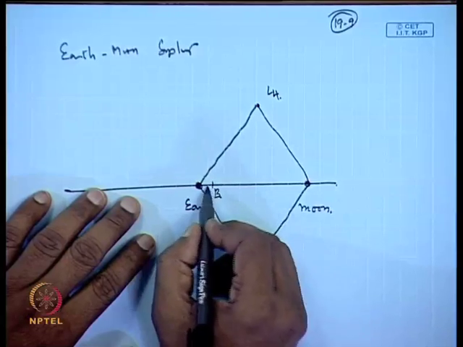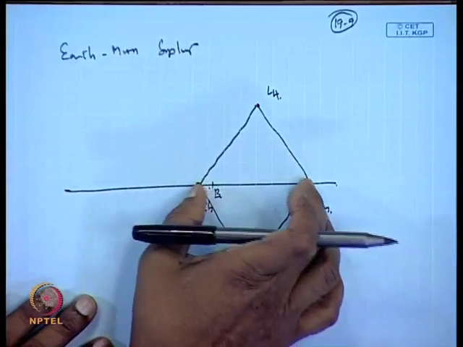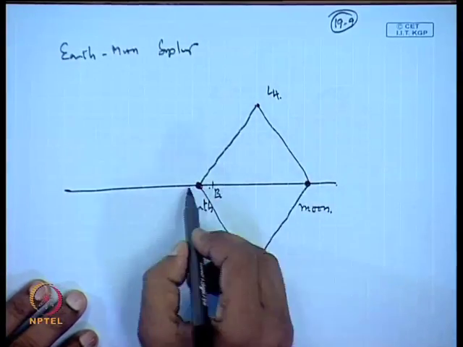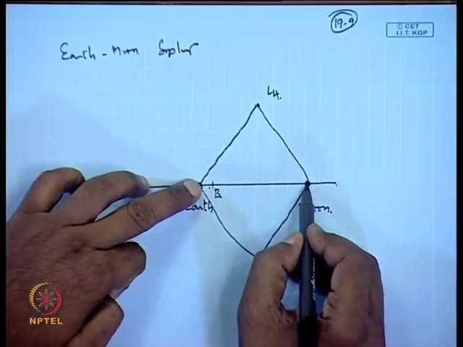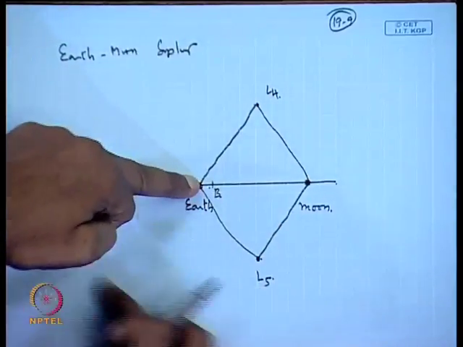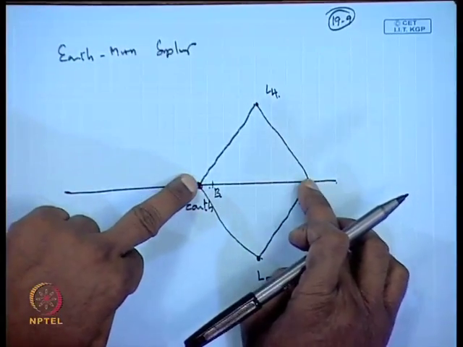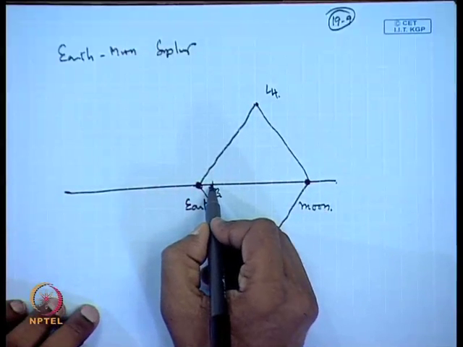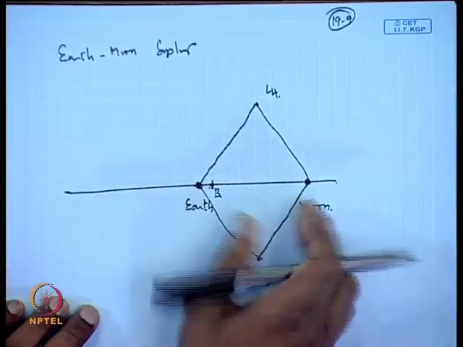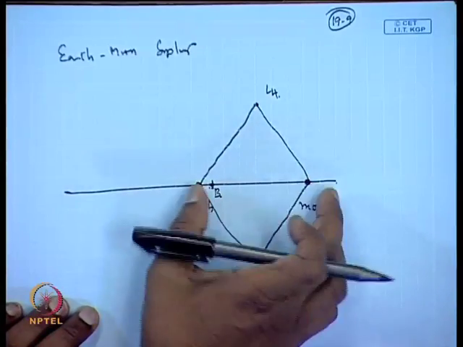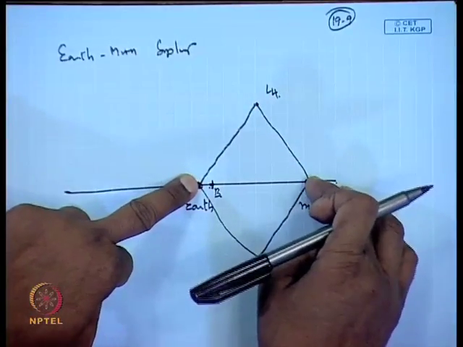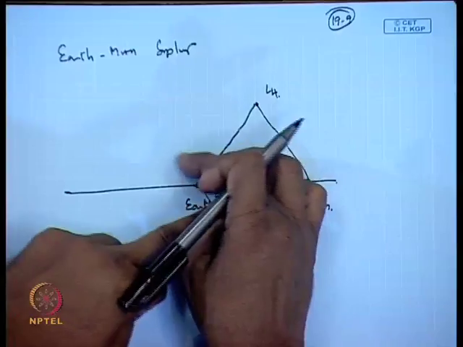So, if the barycenter is lying here, the whole thing is moving about this barycenter. If you look into the motion of the moon with respect to the earth, the moon will keep moving like this, say in a circular orbit. Simultaneously the barycenter, which is an inertial point, the earth and the moon both are moving about this barycenter.